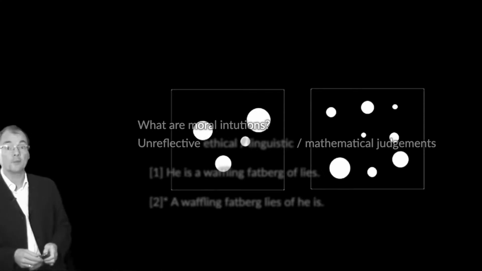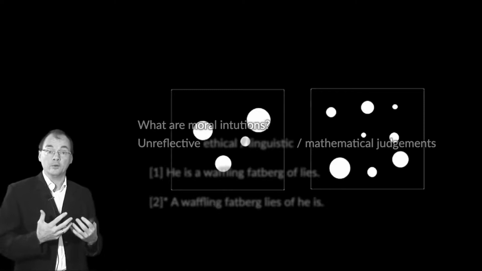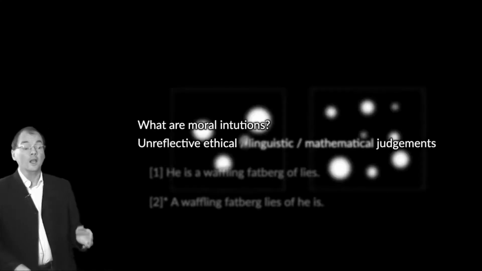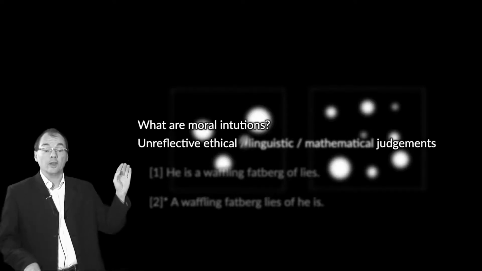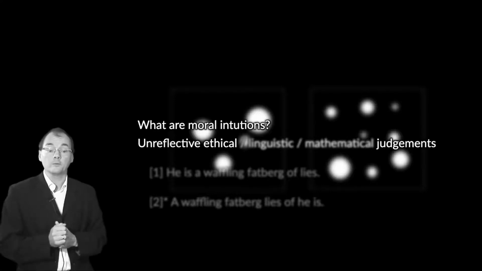So people have capacities to make unreflective mathematical judgments, judgments even that they may not be able to explain, and they can do this very rapidly. So the thought is that although we're characterising moral intuitions in a very simple way, we're just saying, look, they're unreflective ethical judgments.